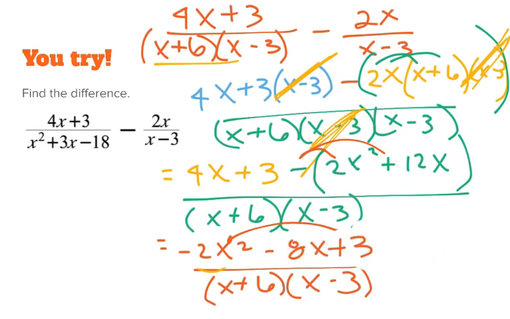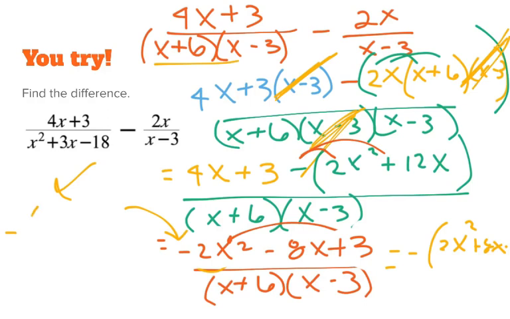Okay, so since we cannot factor this further, I am basically done, but I will say one thing: when we have a leading coefficient that's negative, often we just factor out the negative. So if I were to factor out the negative, it would be positive 2x squared, positive 8x, and then negative 3. I am running out of space, so I'm going to write it over here.